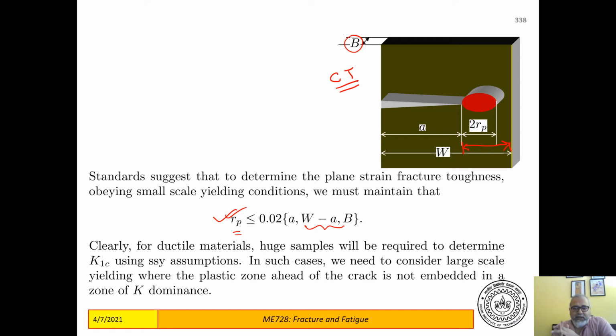This is not a course on plasticity, so don't expect a very comprehensive account of plasticity. I'm going to only cover portions of plasticity which are required to understand the results on EPFM, appreciate the results on EPFM, not more than that.